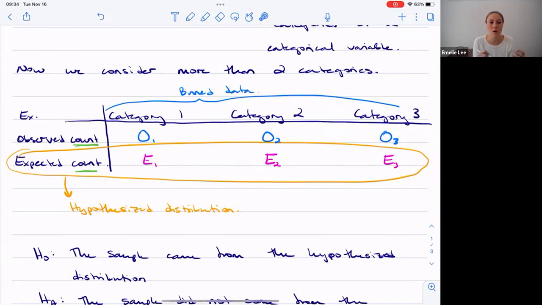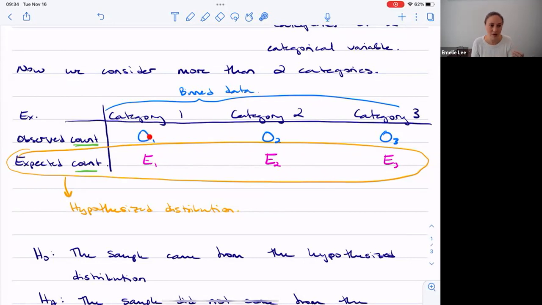If I have a sample size of 180, just to be cheeky, 180 times a third is 60, so I would expect to see 60, 60, 60.